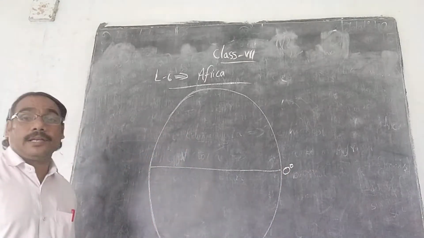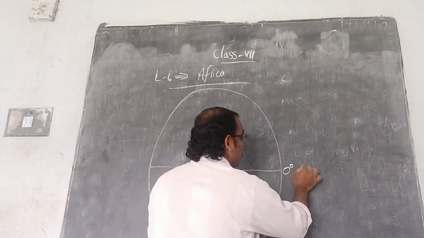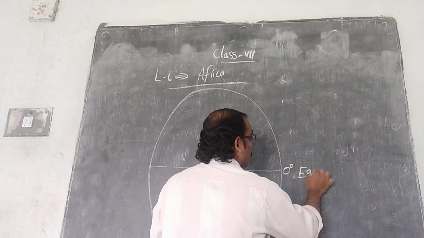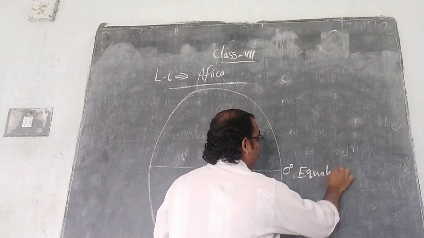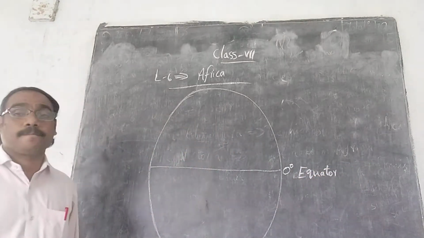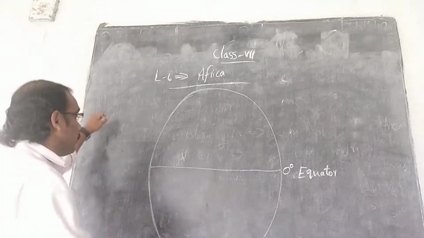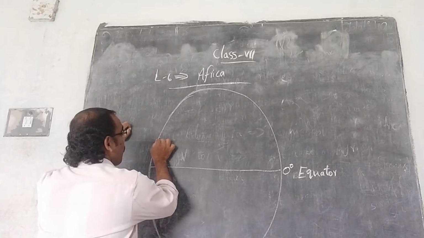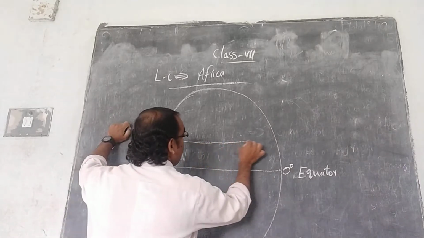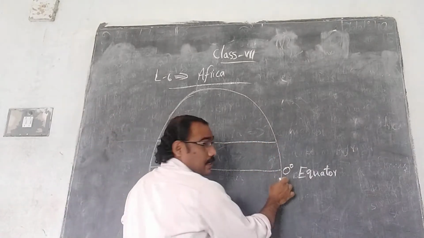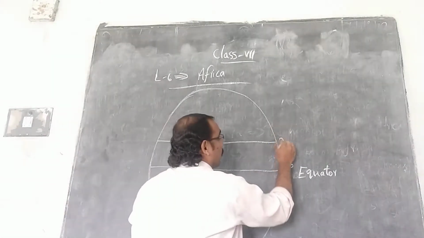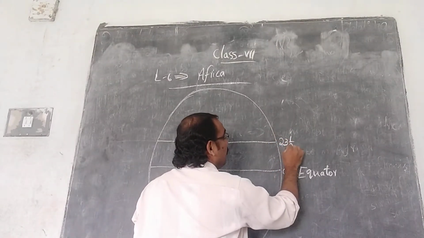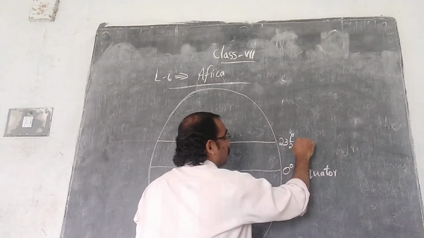This is 0 degree. It is known as the equator. Clear? 0 degree latitude, equator. This is north of the equator, 23.5 degree north.